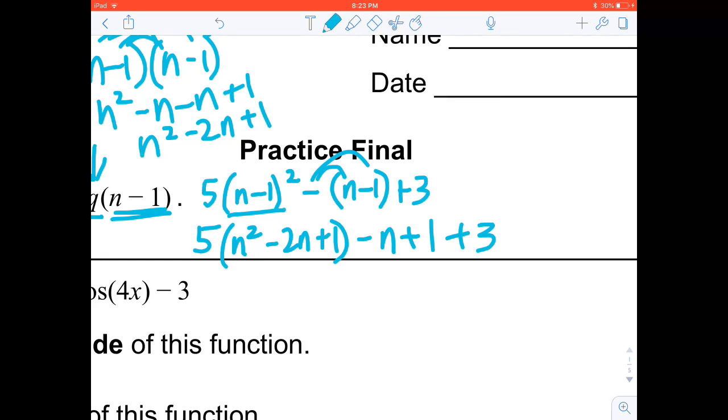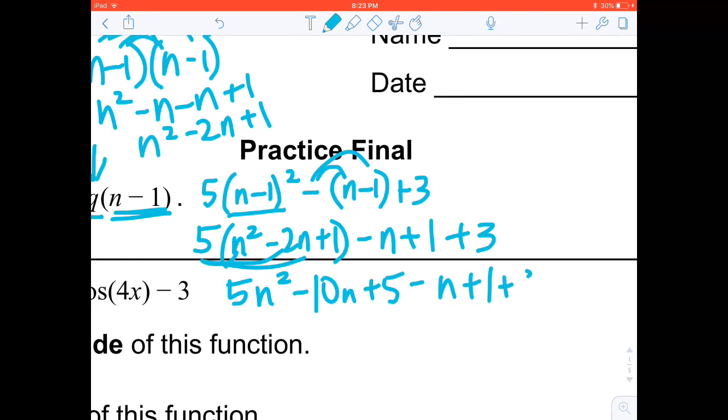So this 5 has to distribute into the parentheses. That'll become 5n squared minus 10n plus 5. I still have the minus n plus 1 plus 3. And now it's just a matter of combining like terms. So there's no other square terms. I have a negative 10n and a negative n.